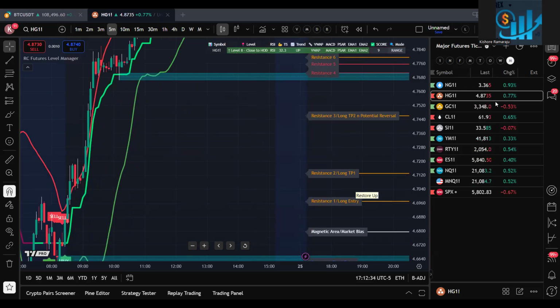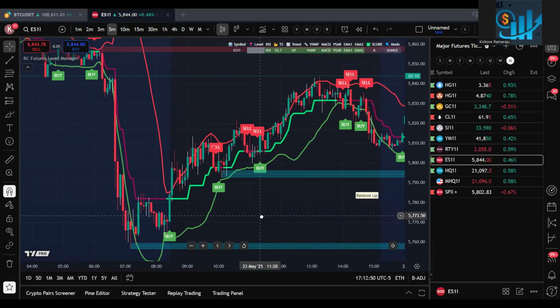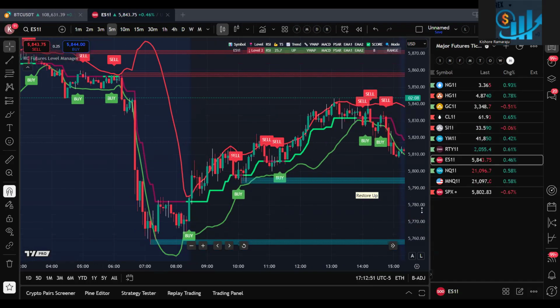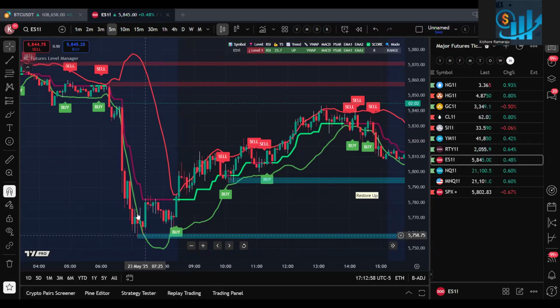Let us go and check something, for example ES. Trump announced, he gave a tweet about the tariffs, and then immediately the market dropped so much.